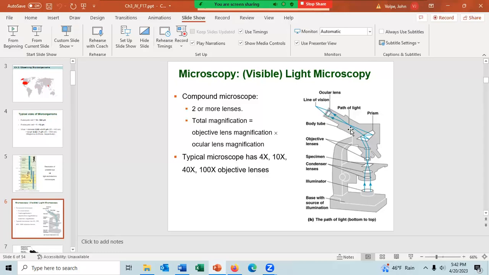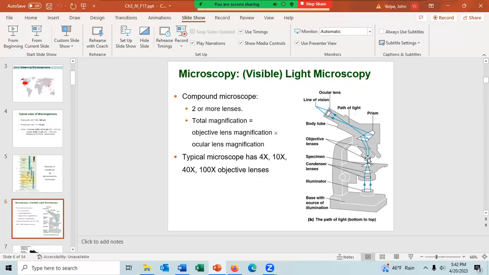So both of these magnify the size of the specimen we view. The total magnification is the objective lens magnification times the ocular lens magnification. Most microscopes have 4 objective lenses.